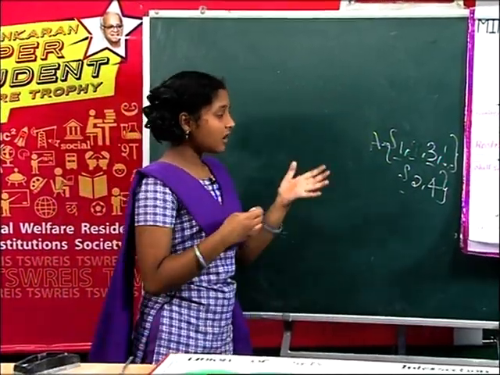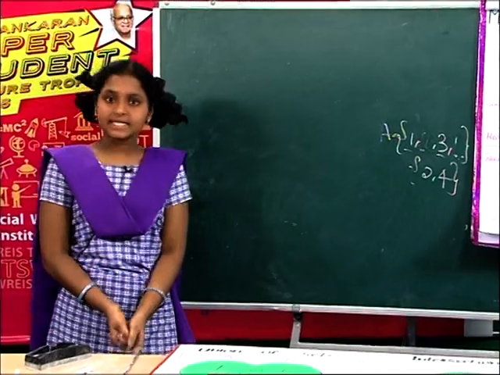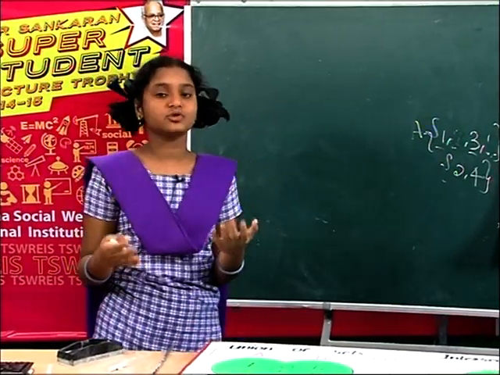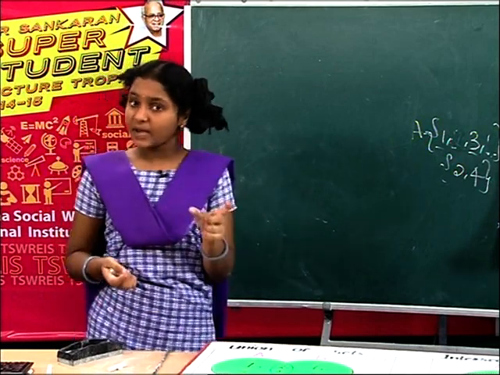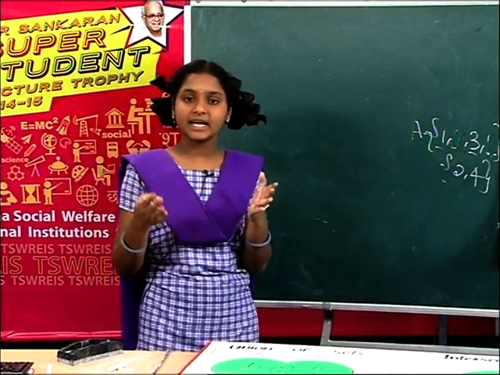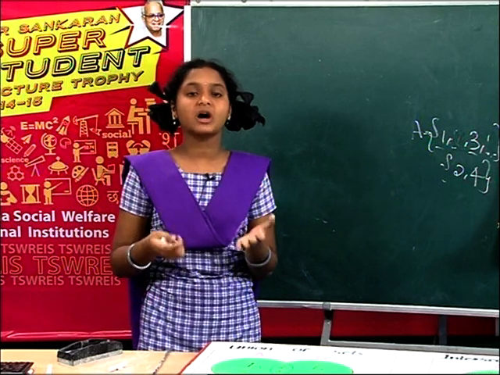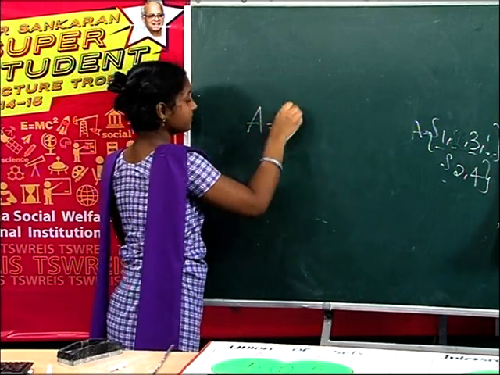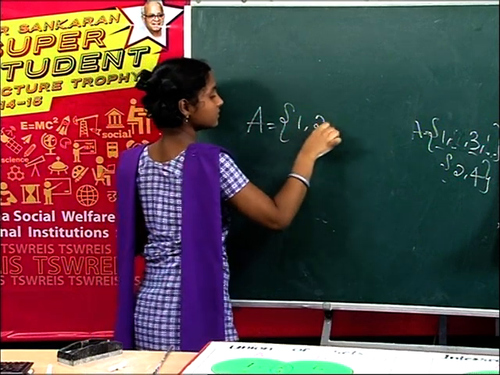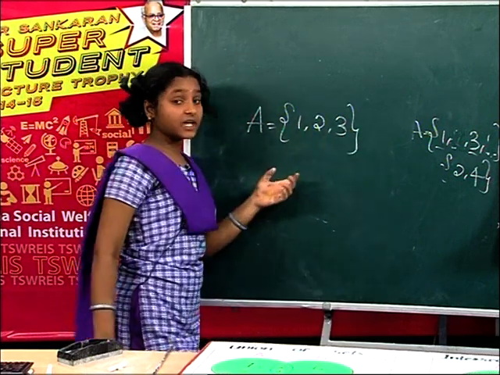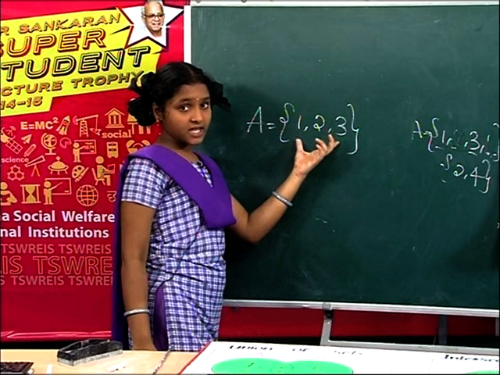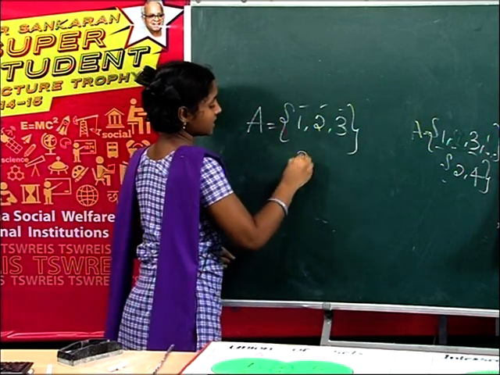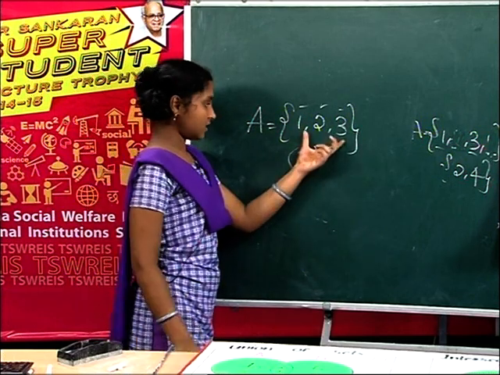Next one, finite set. A finite set is a set whose elements can be counted. Here we can count the elements inside the set. How many are there? 1, 2, 3. There are 3 elements in the set.